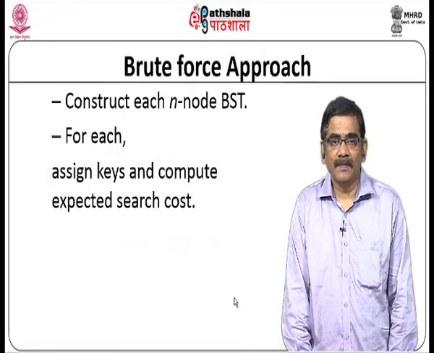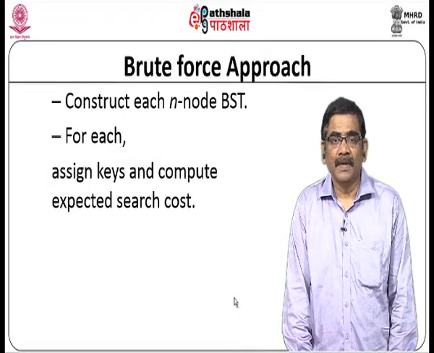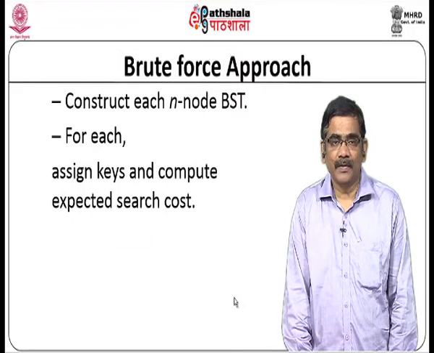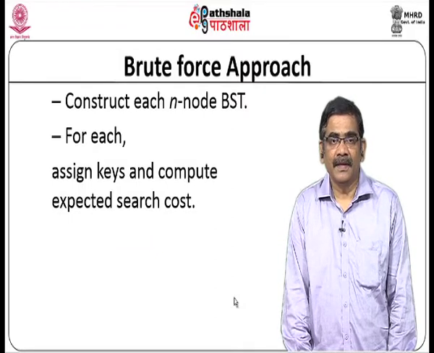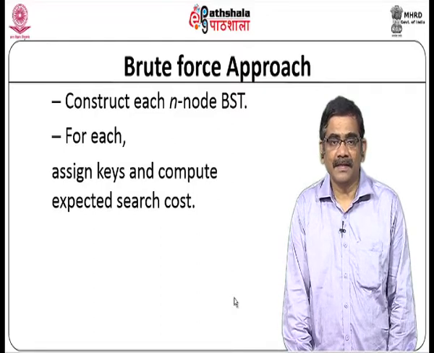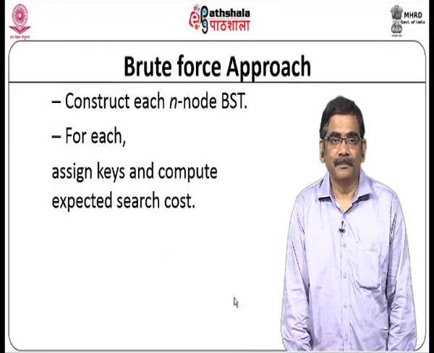The key of this particular problem is the minimum cost. The question is, given a set of arbitrary keys A1 to AN or K1 to Kn, how will you construct the tree such that the cost is going to be minimum?